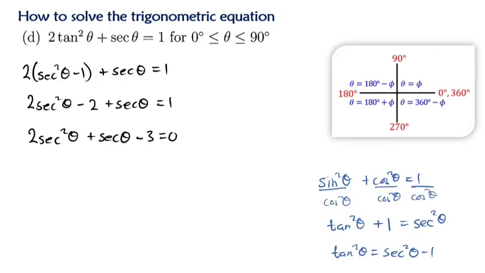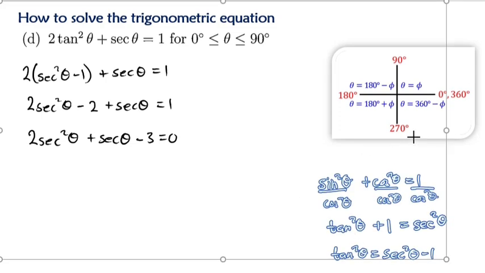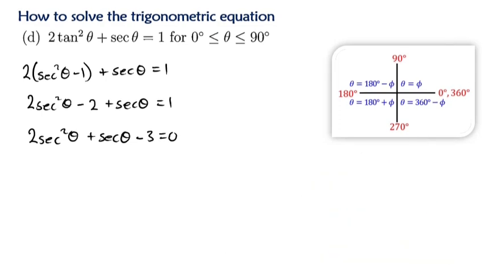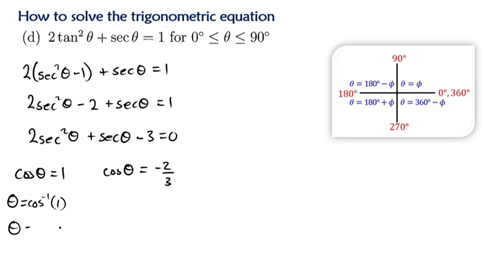Okay, this is where we are. We just established that cos theta is equal to 1 and cos theta is equal to negative 2 over 3. So for cos theta being equal to 1, I would say theta is equal to the cos inverse of 1. Now, this simply gives us 0 or 360, because we also have 360. The key is this one, which has a negative.